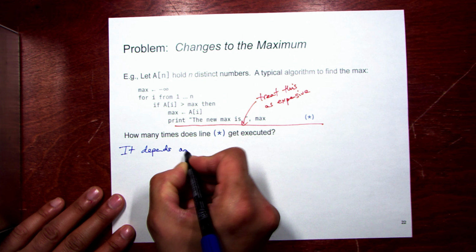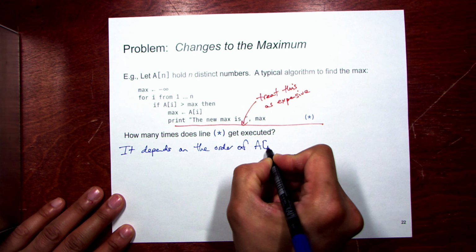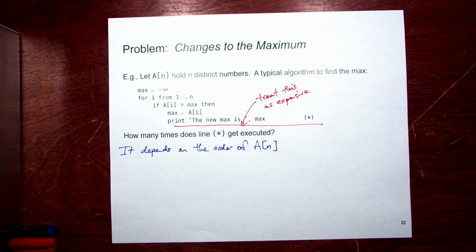And it all depends on the order of the array. Okay, and assuming they're all distinct elements, what is the worst case? N times. Why? Or how?